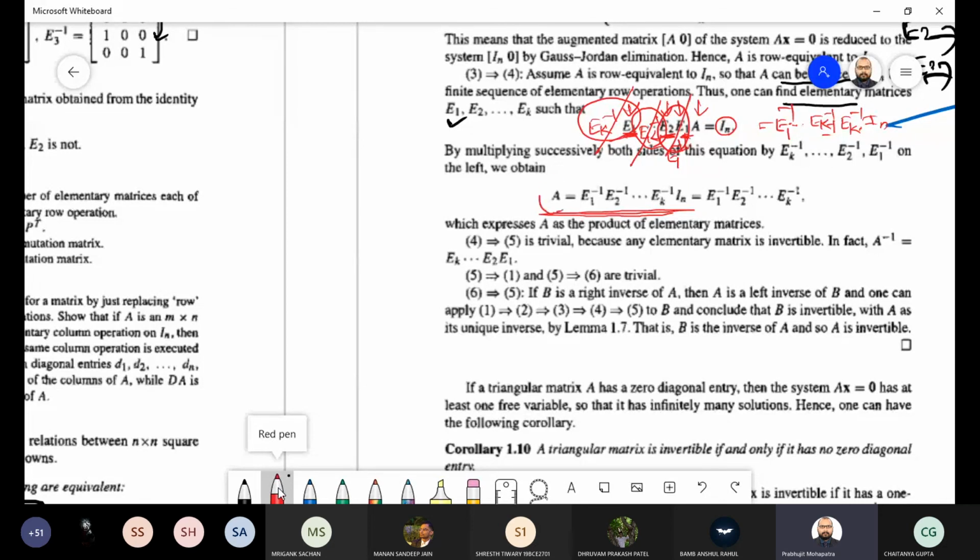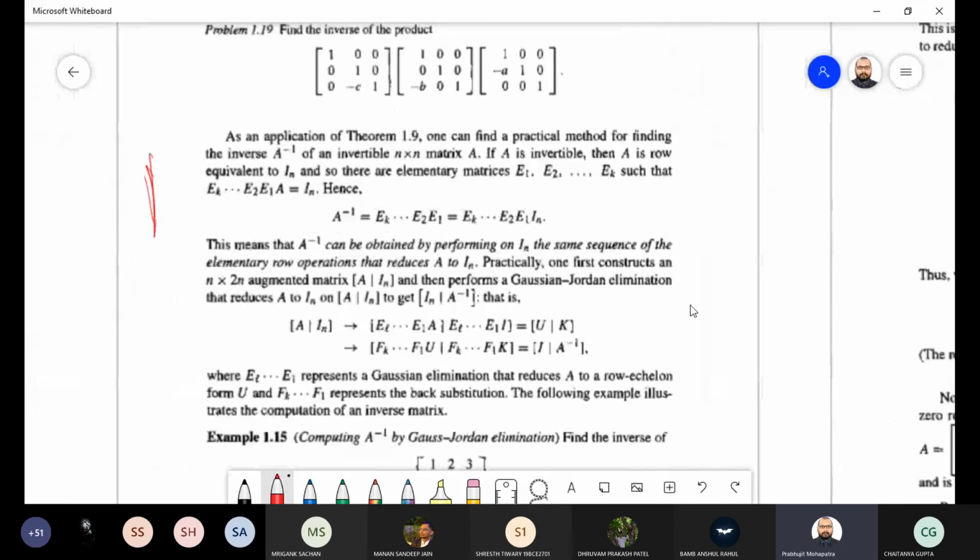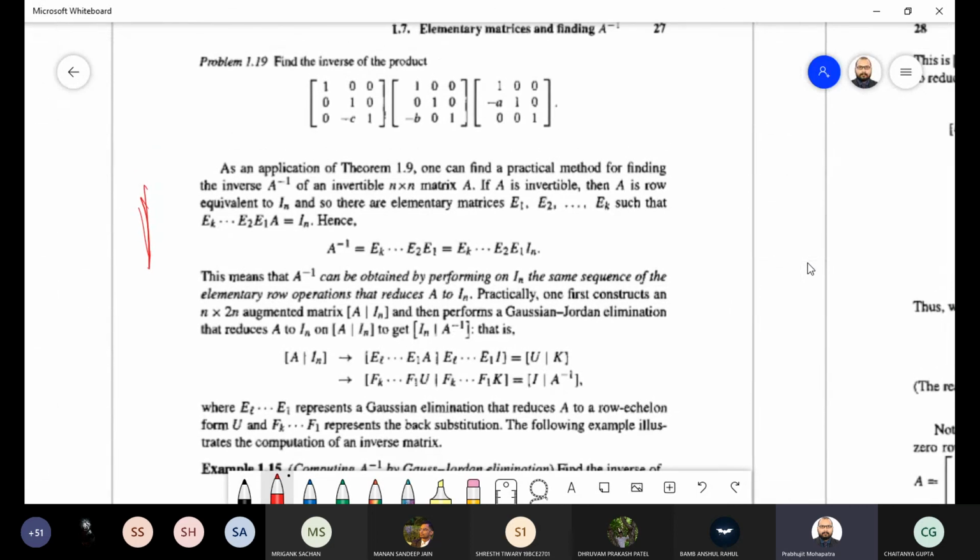So on the left hand side you will have only A, and on the right hand side you will have E1 inverse, E2 inverse, up to Ek inverse into the identity matrix, which is nothing but those things only. Understood or not? The same thing we have here. This is the most important observation. See, our target is to find A inverse, so this is the way to find A inverse.